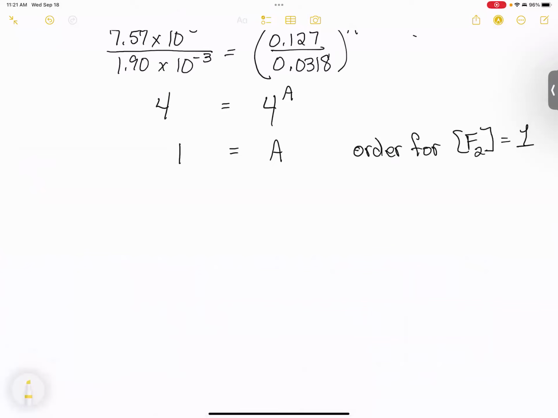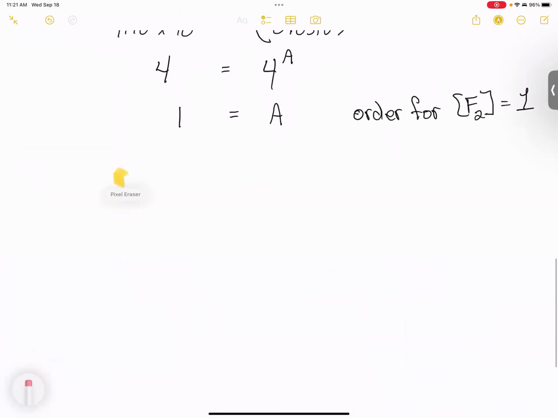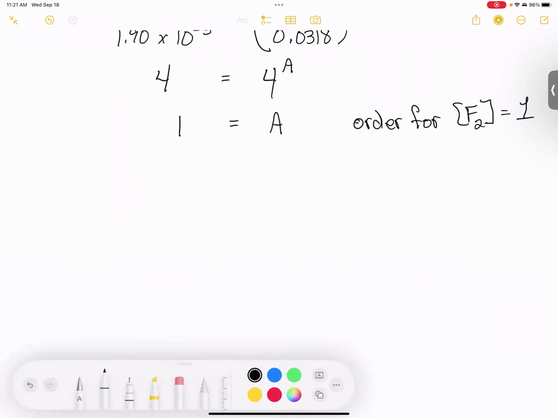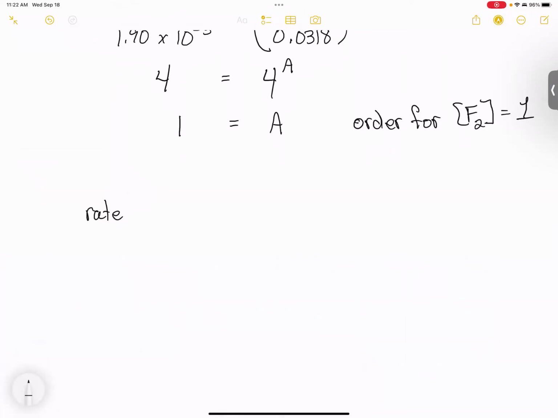So our equation again, in this case, is rate, and it really doesn't matter who's in the numerator and who's in the denominator because you can work it either way.